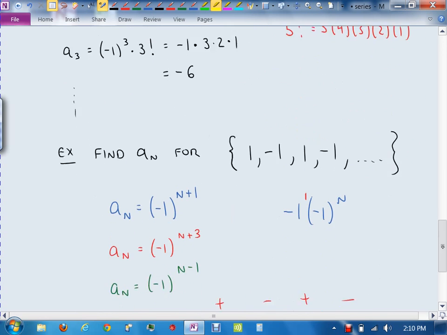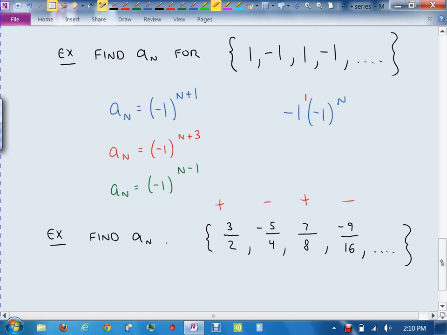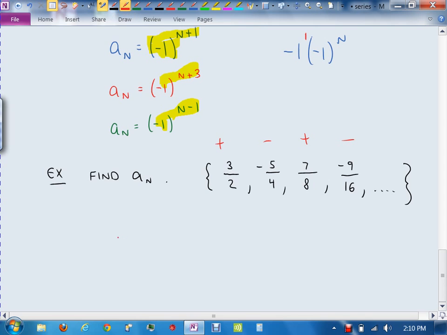If you want it to start positive, then you use -1 to the n plus 1. I just use the -1 to the n plus 1. That's what I always use, okay? So I know right off the bat that I'm going to need a -1 to the n plus 1 to take care of the alternating part.